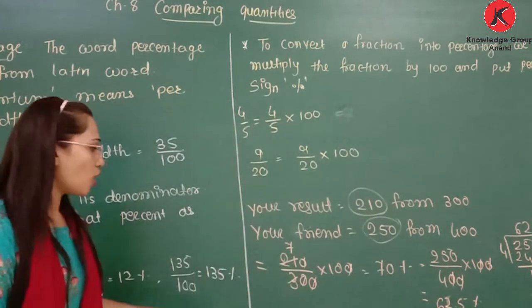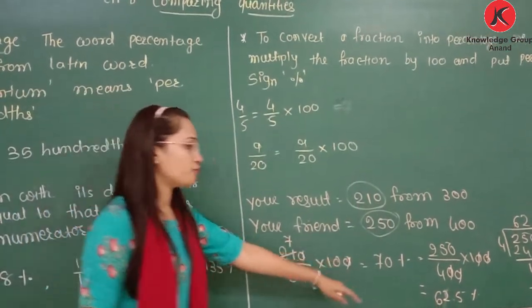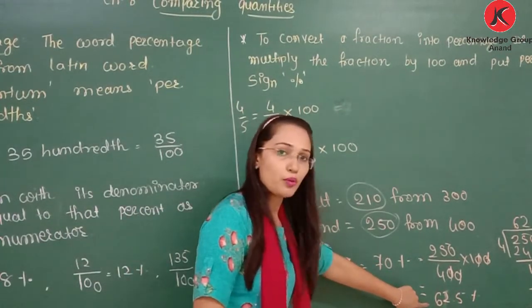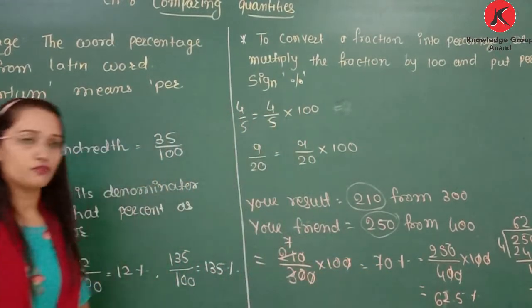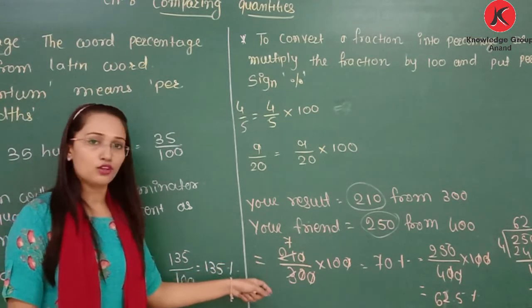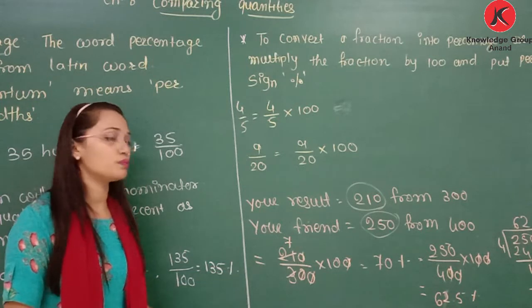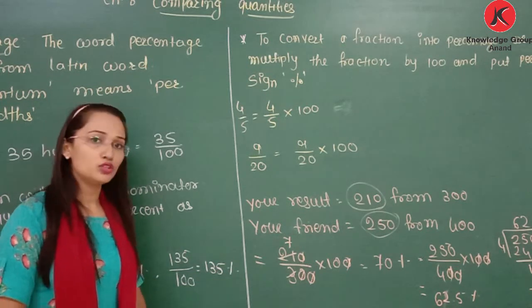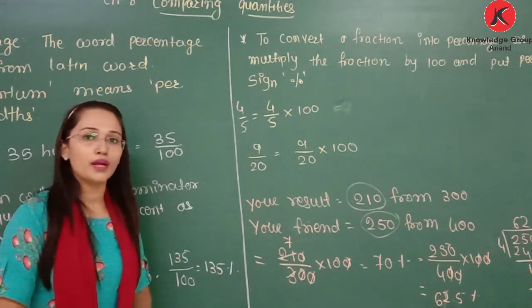It means your result is 70% and your friend's result is 62.5%. Now from this information, we can say that your performance is better than your friend's. So this way we can use the percentage to compare two quantities when both numbers are different.